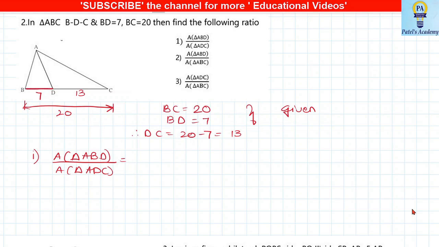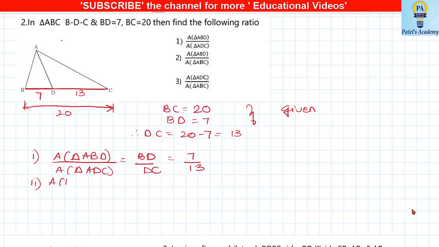See the figure? Base is BD. So BD upon, I'm talking about area of triangle ADC. When I say area of triangle ADC, the base is DC. So that is 7 upon 13. And for all the three, I'll write down the reason at the end.